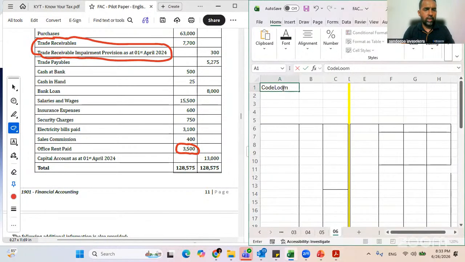Codeloom Traders, statement of profit or loss for the year ended 31st March 2025, rupees in thousands.